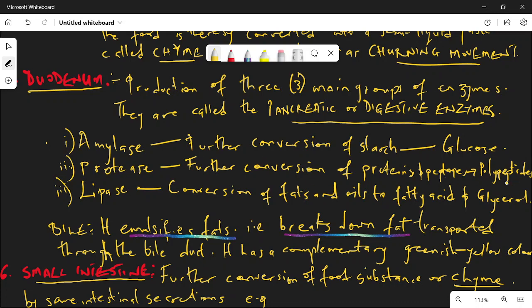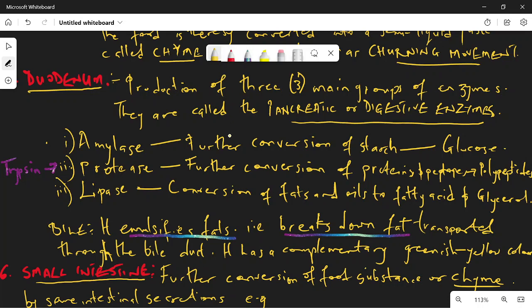Now, are we together? By a particular type of enzyme called trypsin. Trypsin is responsible for this conversion. So it converts proteins and peptones to polypeptides.